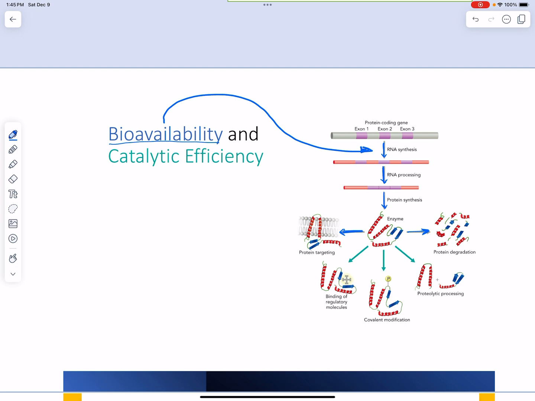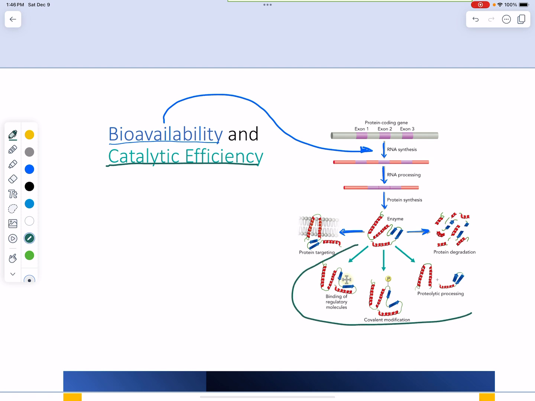Is the enzyme present or not? Is it made? Is it degraded? Is it in the right area? And everything that falls under catalytic efficiency is represented by these processes here. These are things that are going to affect the kinetics.